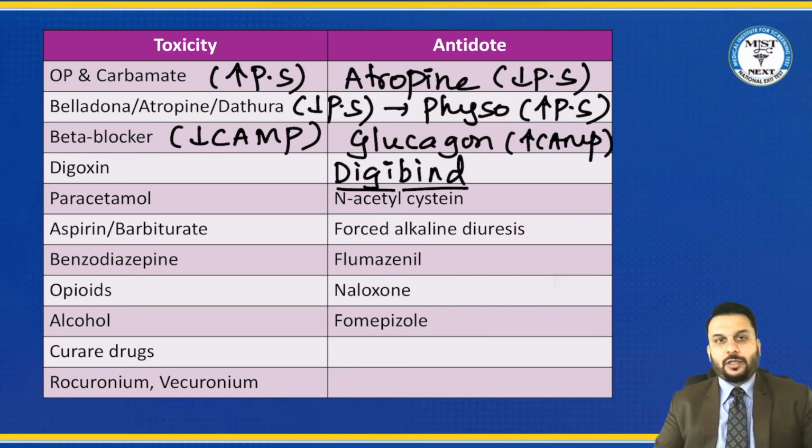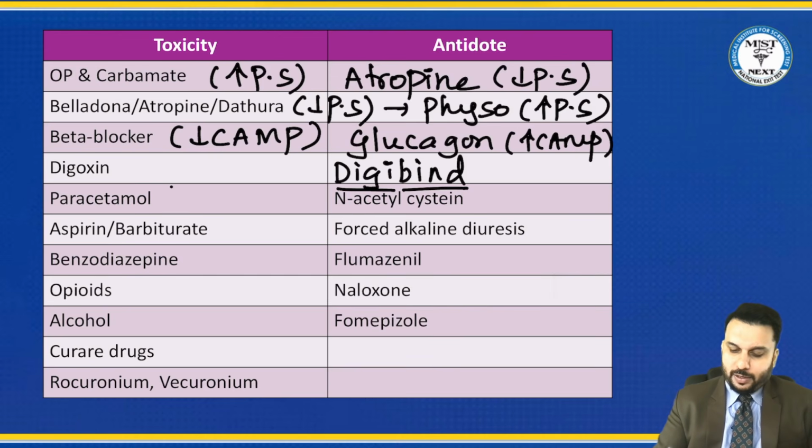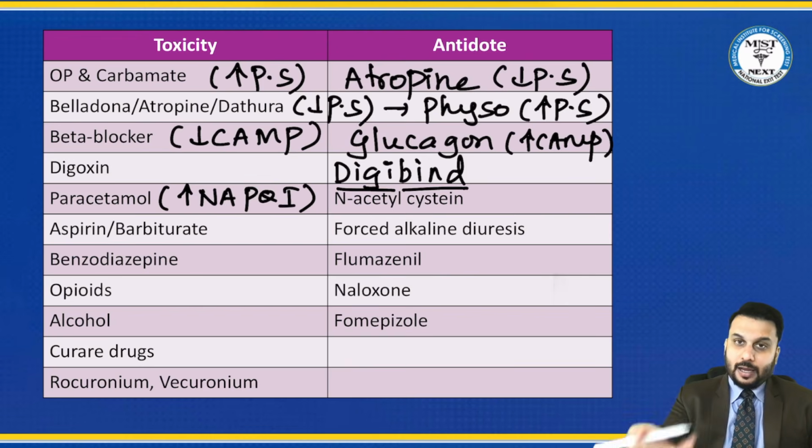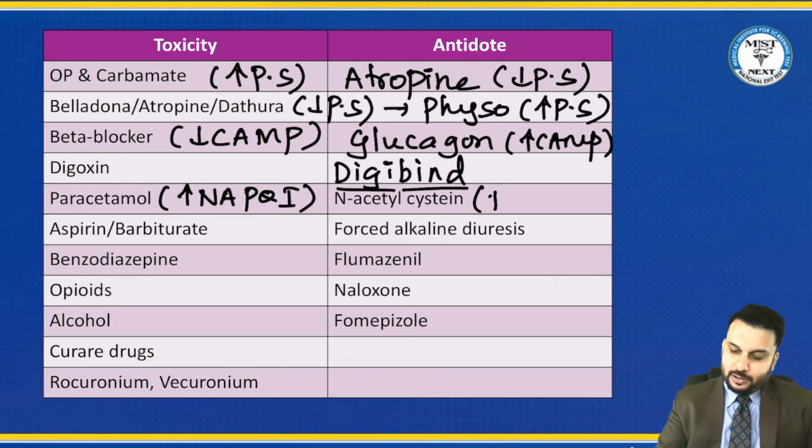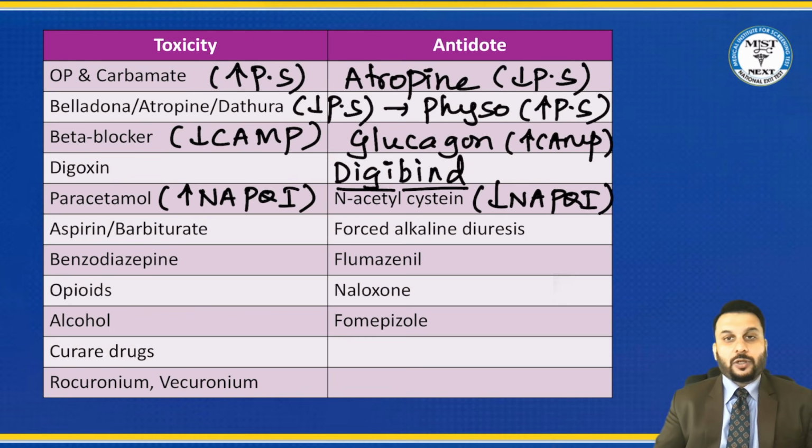Paracetamol, we just studied. What does paracetamol do? Paracetamol will increase NAPQI, which will reduce glutathione, and we reduce the NAPQI, and eventually the glutathione will keep increasing. Aspirin or barbiturate, meaning they are acidic drugs.